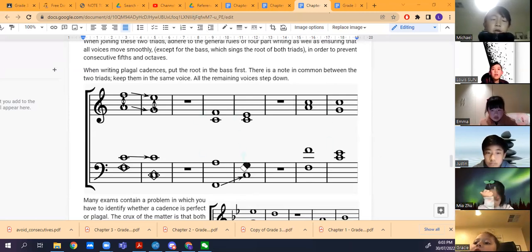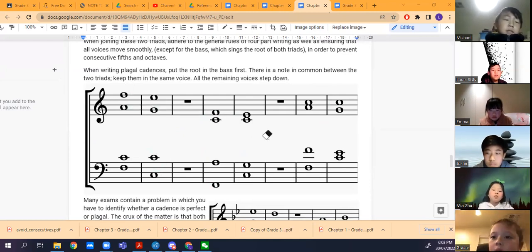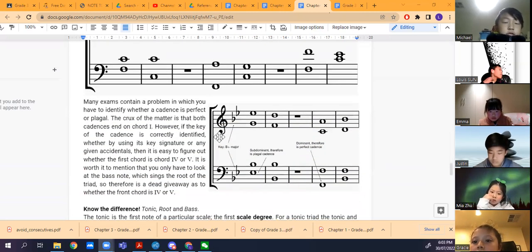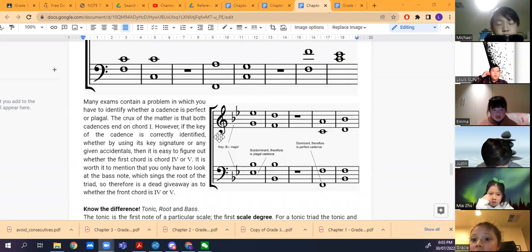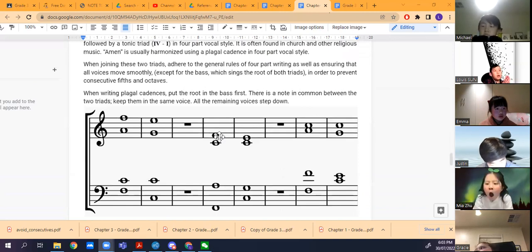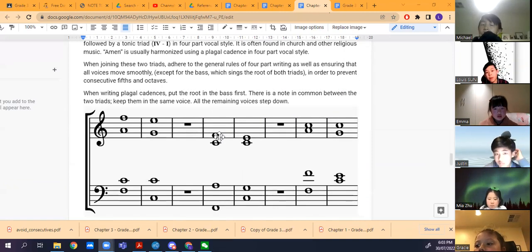Think about it like this. You could say plagal cadences are almost the opposite of perfect cadences. First of all, perfect cadences are 5-1, plagal cadences are 4-1. Also, in perfect cadences, usually most of the voices step up.